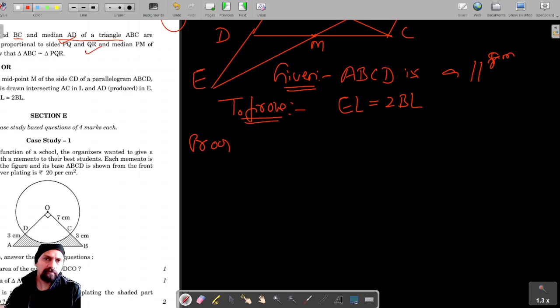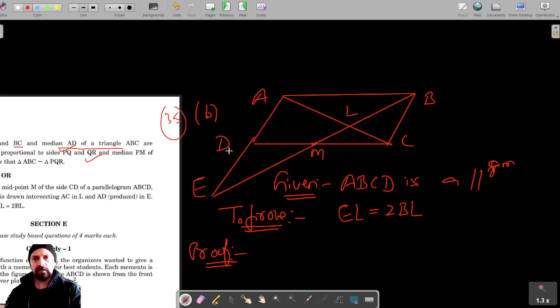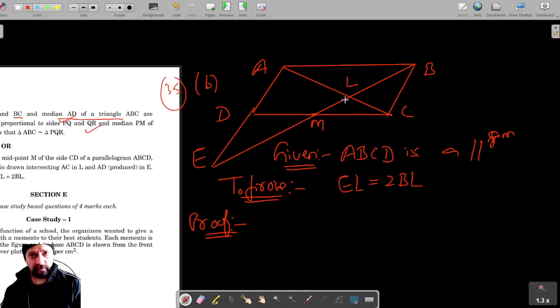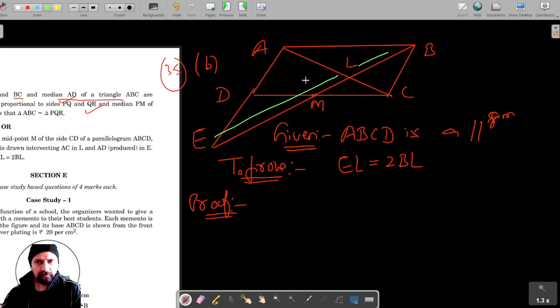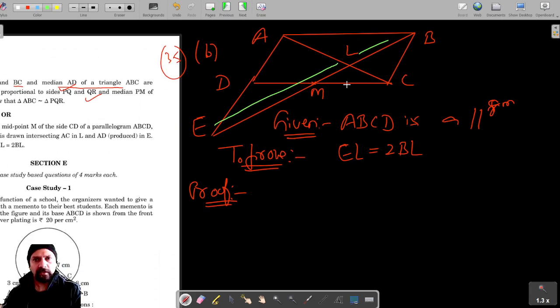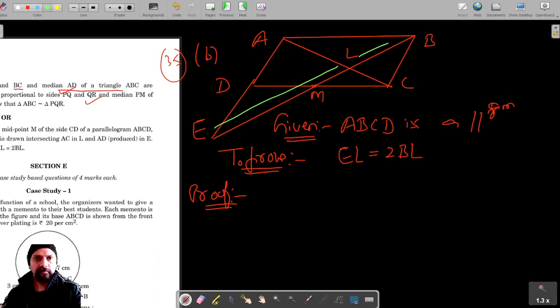So to prove that, this is EL and BL. These are in triangles: EL is in triangle AEL and BL is in triangle ALB. First of all, let's consider the triangles BMC and EMD.